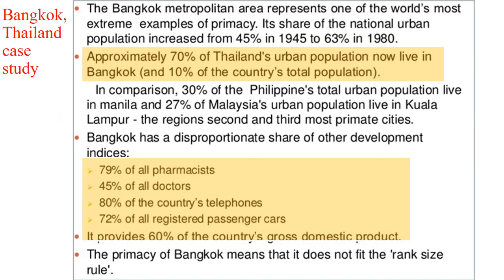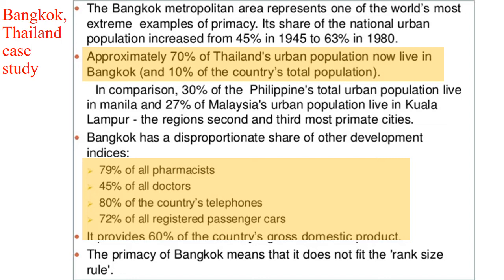Bangkok in Thailand is a really good example, and I forget exactly where I dug this up from, some paper from a university somewhere. But this gives you some details that you might see in a typical primate city country, the kinds of concentrations of infrastructure and power and commerce that I've been suggesting here.